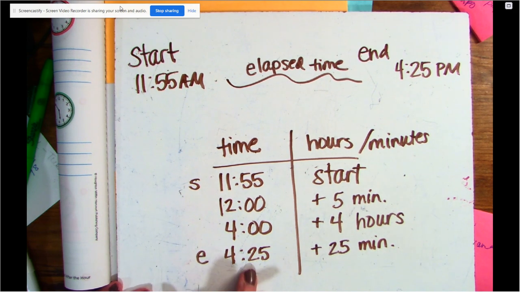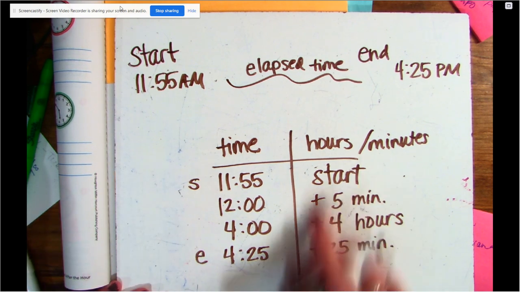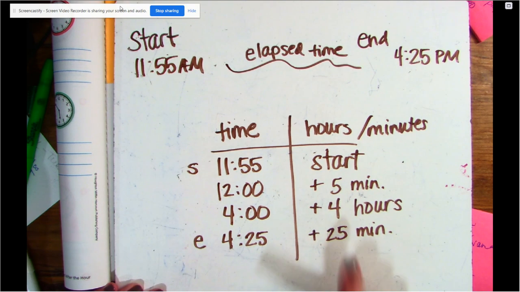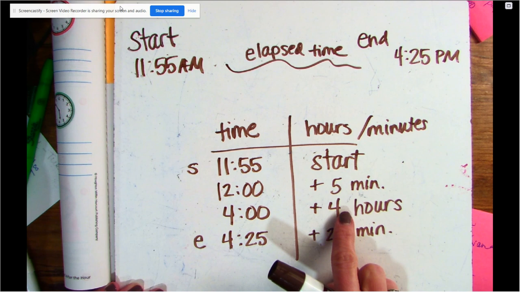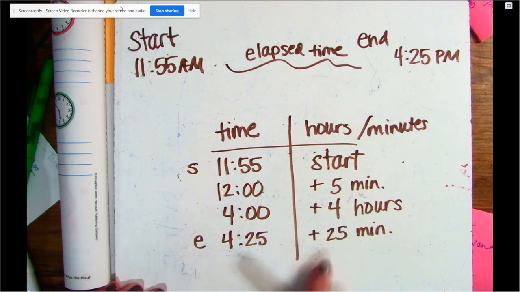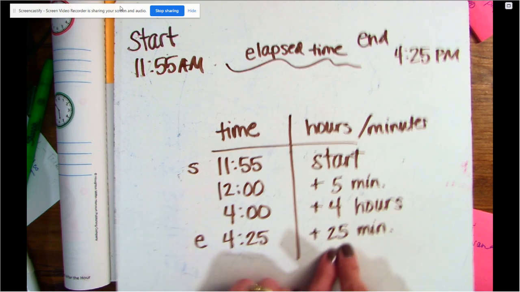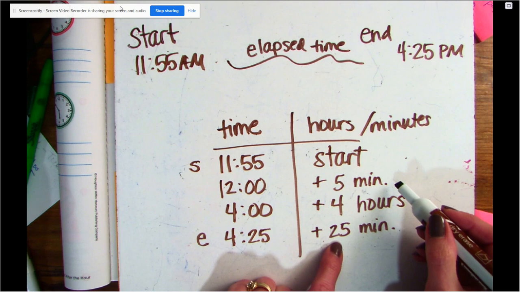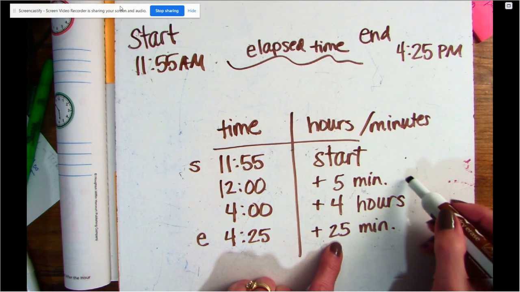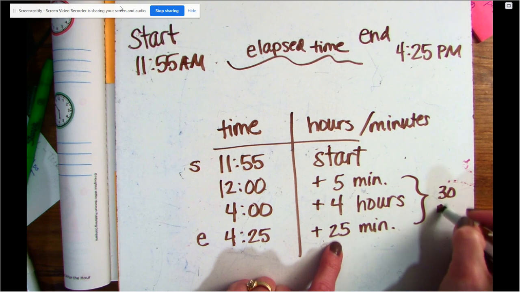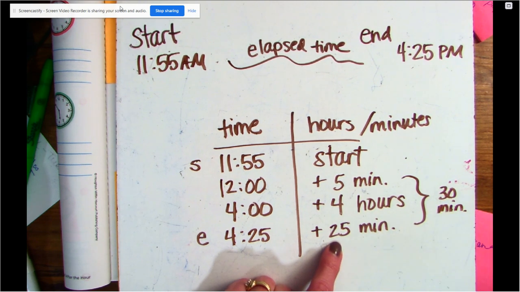Okay, so we're done. Start time, end time. Now we just need to put all of this time together. Okay, I've got hours here, and I've got 2 different recordings of minutes. If I have 25 minutes and I add it to 5 minutes, how many minutes is that? I've got 30 minutes, right, between these two.